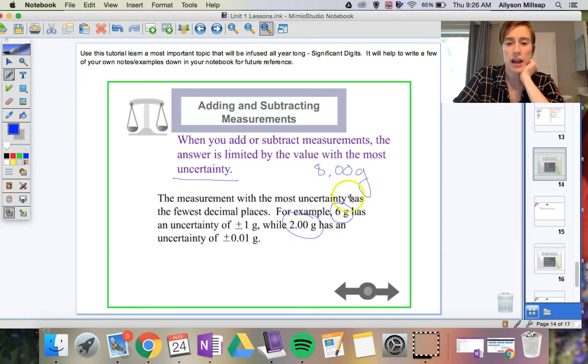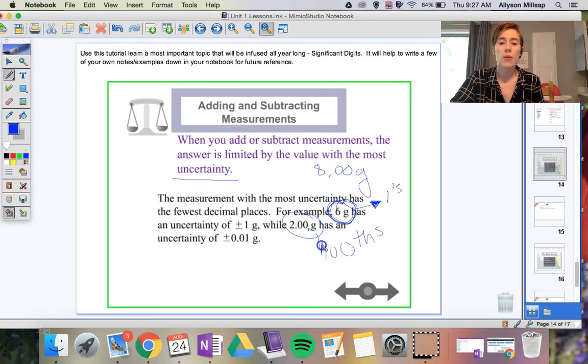But that's not how it works. You have to count the level of precision of this answer. Well, this answer right here is in the ones place, and this answer goes all the way to the hundredths place. So whenever we're adding or subtracting, we always need to round our answer to be the same as the number that was the least precise.